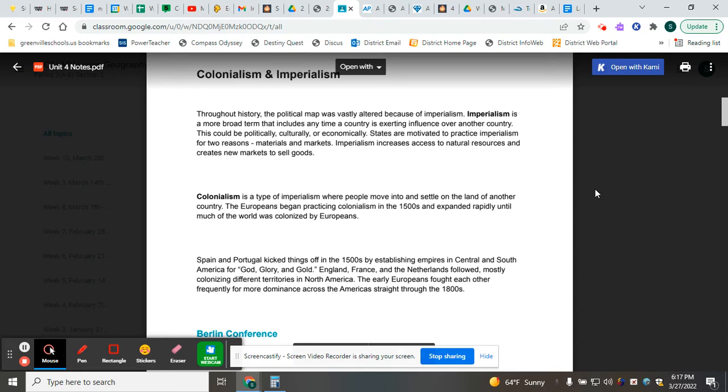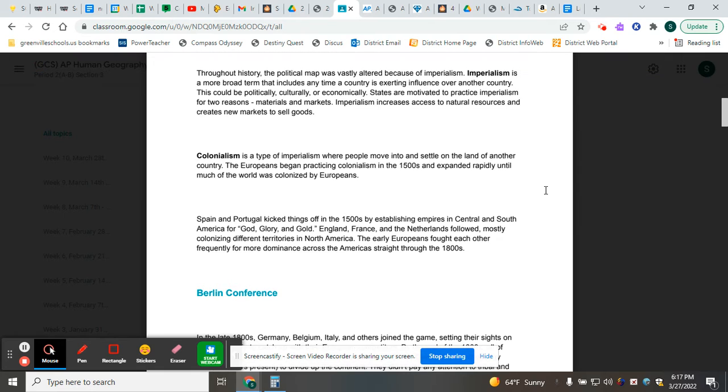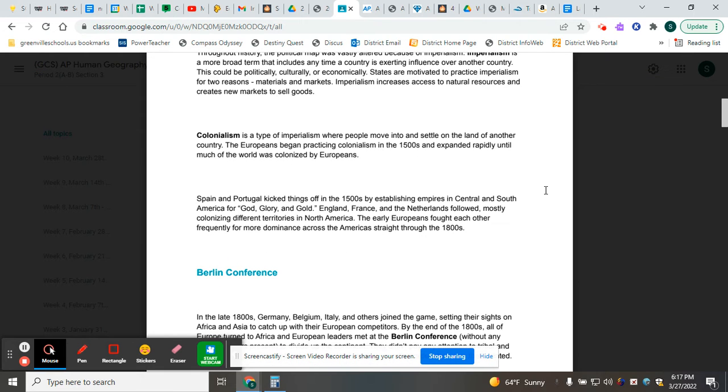Colonialism is a type of imperialism where people move into and settle on the land of another country. The Europeans began practicing this concept in the 1500s, expanded it rapidly until much of the world was colonized by the Europeans. England is the most notorious colonial European group, imperial European group.